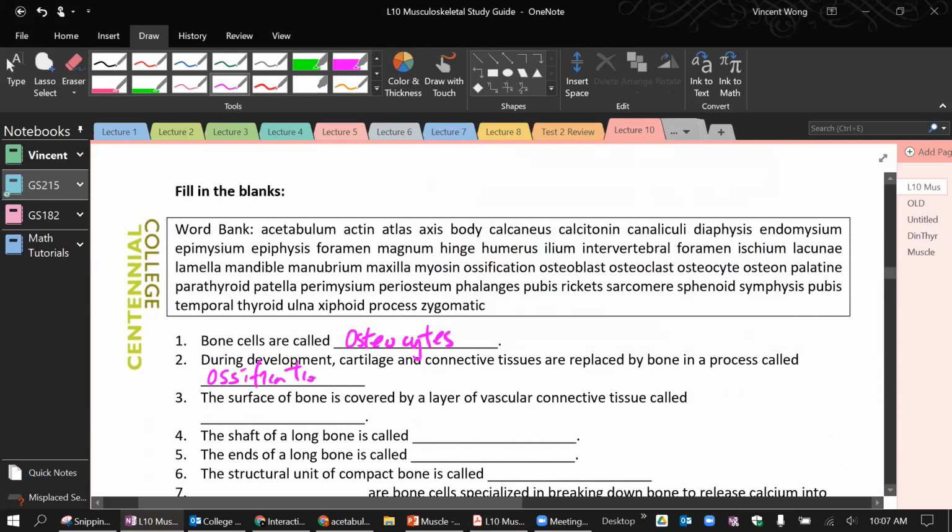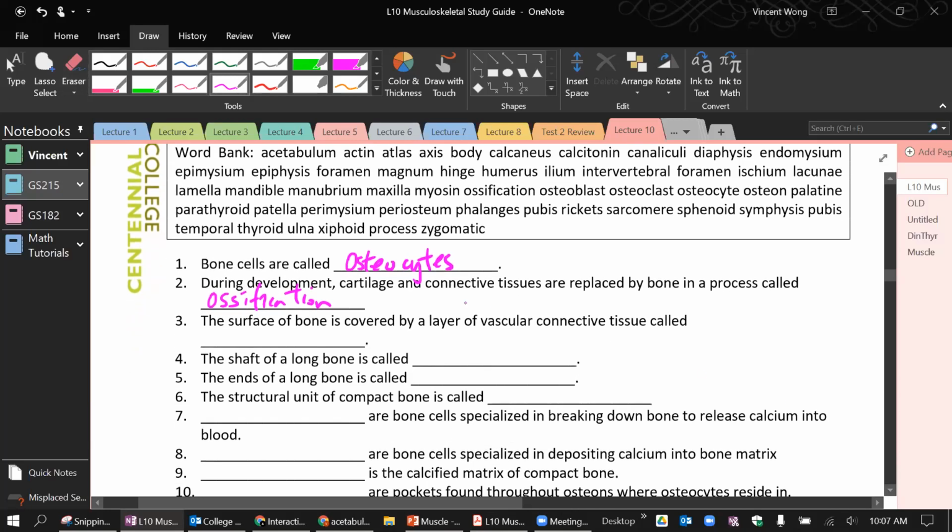Our skeletons are cartilage to begin with, and they slowly get converted into bones through this process. It involves depositing calcium into the cartilage. The surface of bone is covered by a layer of vascular connective tissue called the periosteum.